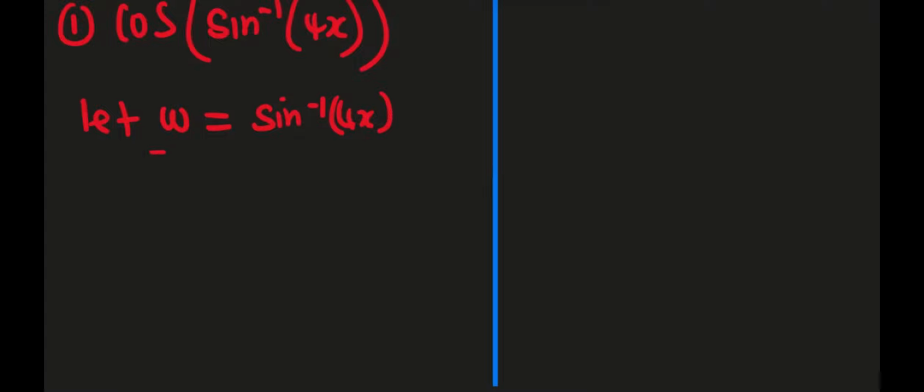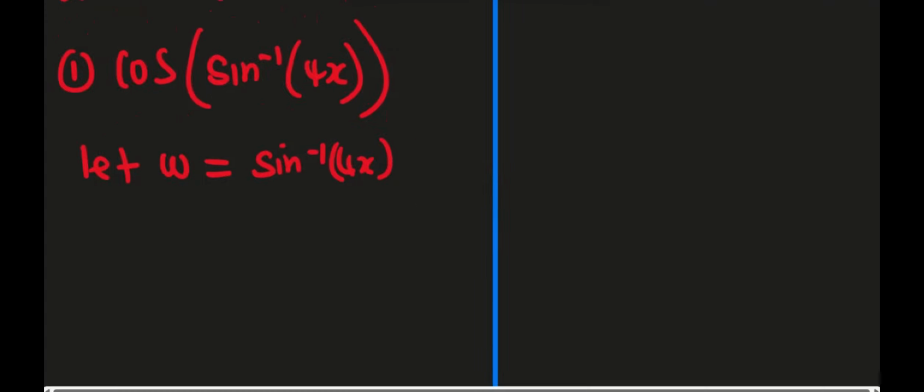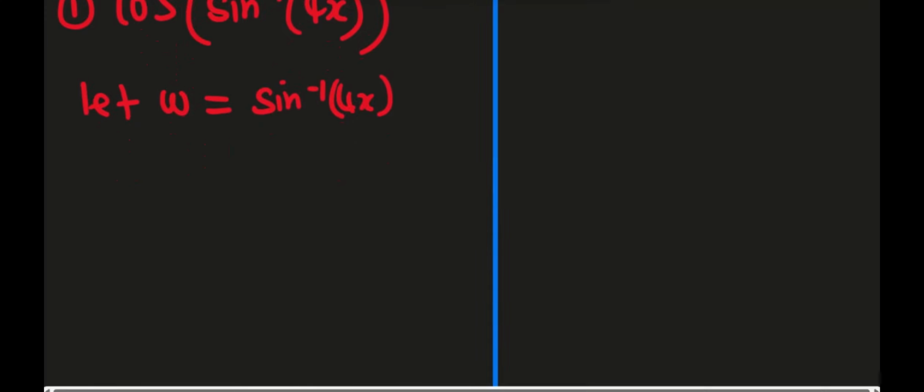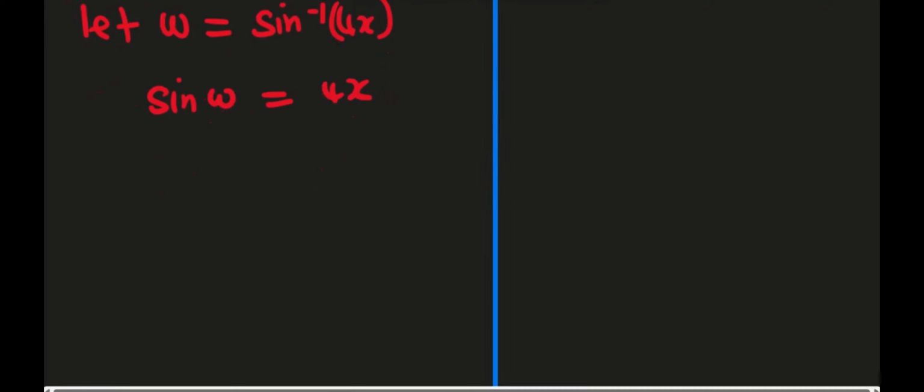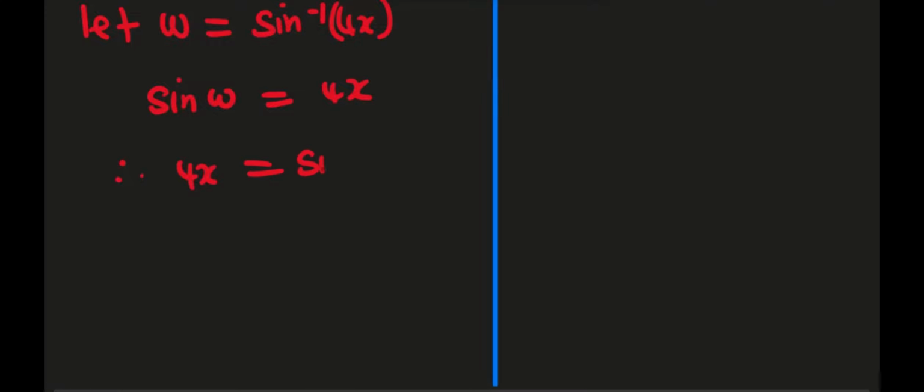So that's how we get w is equal to sine inverse 4x. Let's proceed. If w is equal to sine inverse 4x, then surely 4x is equal to sine w. Therefore, we can write this relationship down: 4x is equal to sine w.